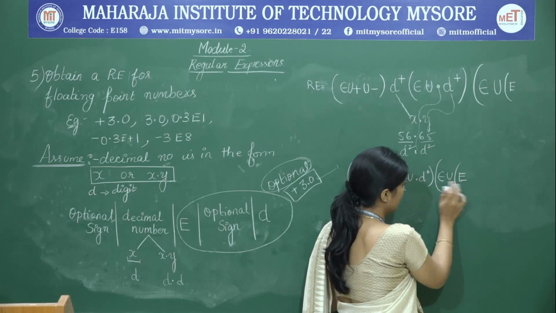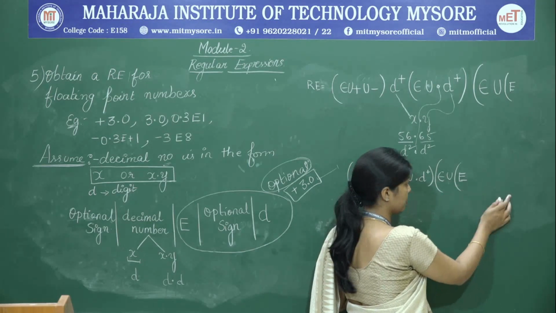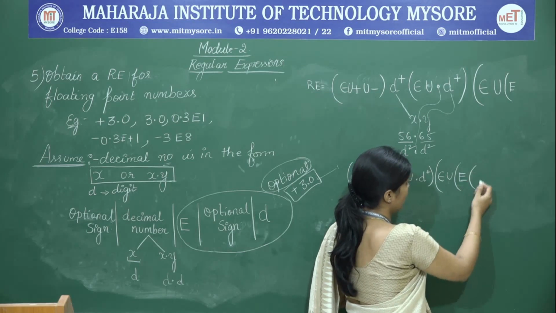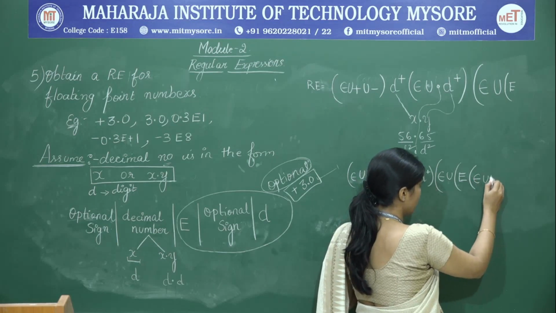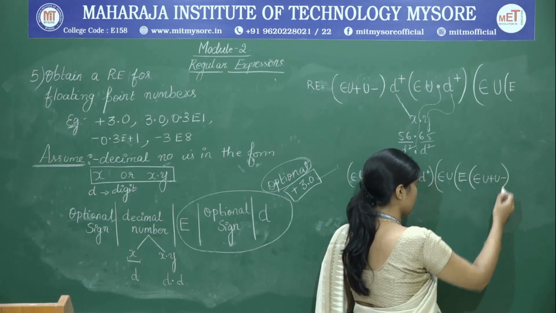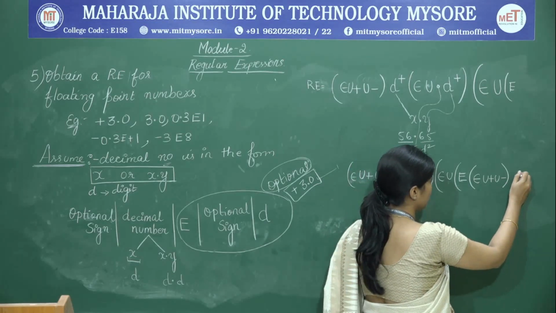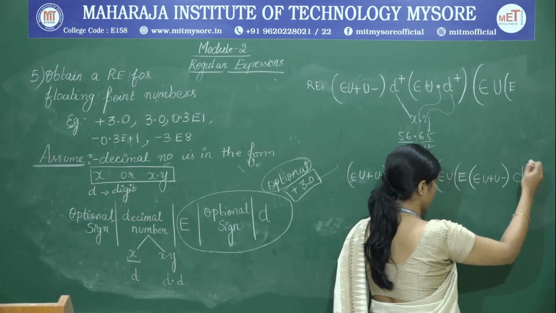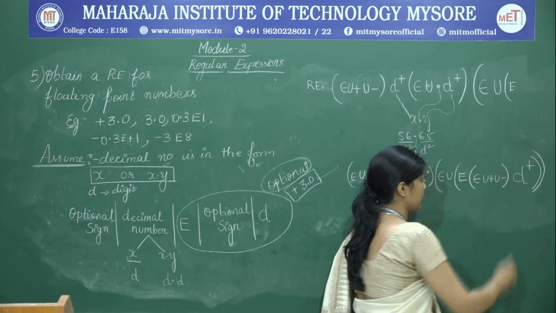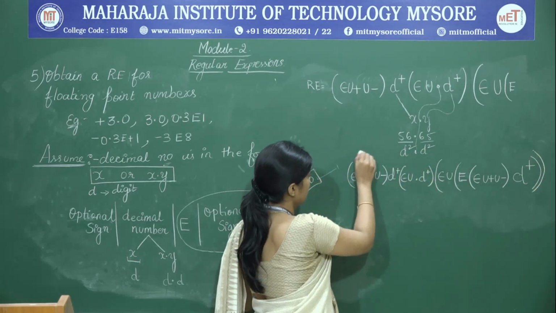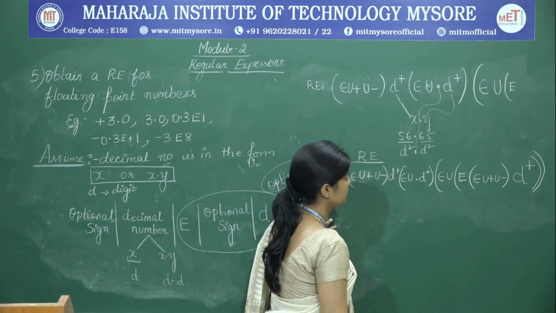Between the two alternatives, we are only picking this one in case we have the exponent part. So E followed by again an optional sign. The optional sign is again given by epsilon union plus union minus. Once we have finished this, it has to be followed by a d plus. Therefore we will close all the brackets here. So this is the final regular expression for the floating point numbers.